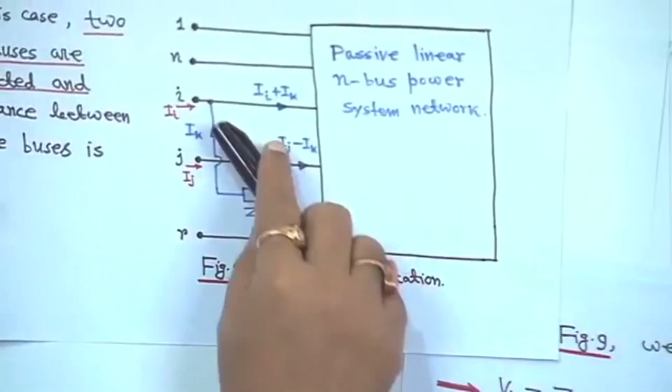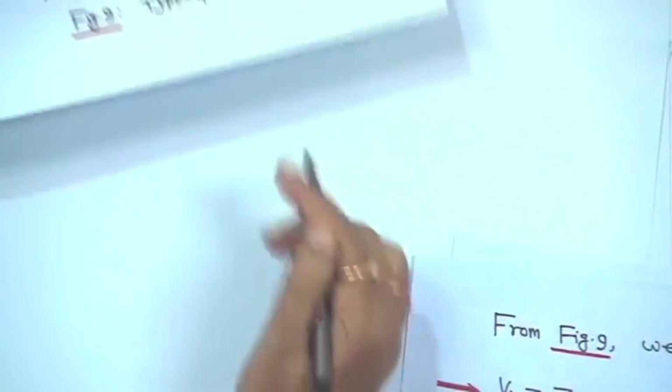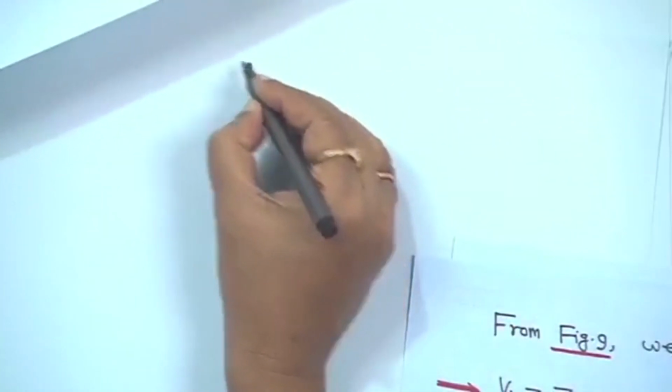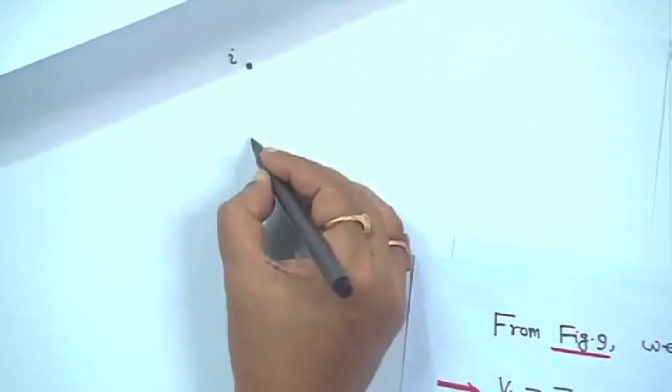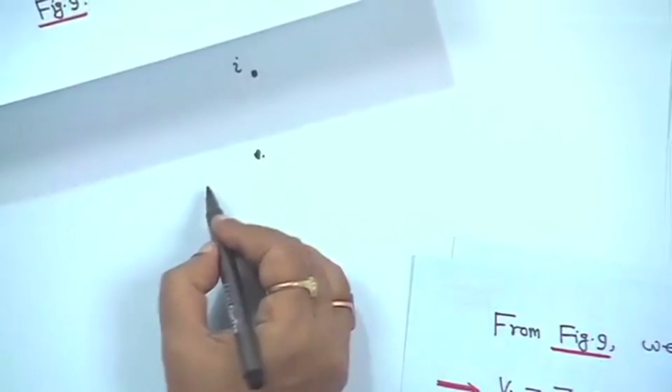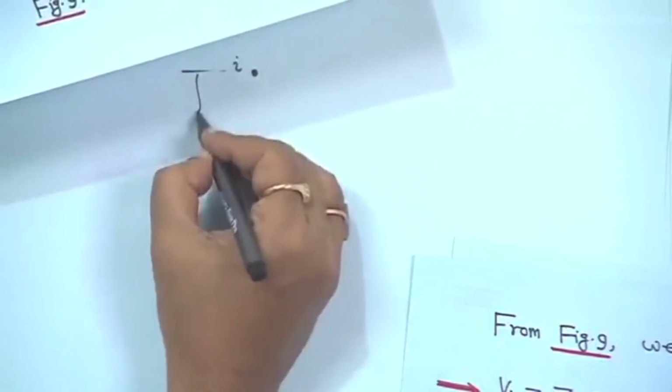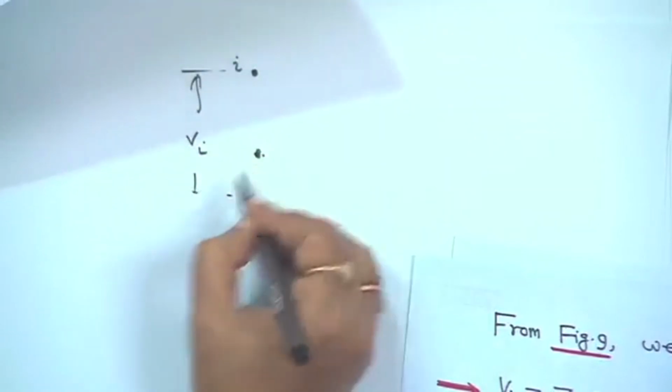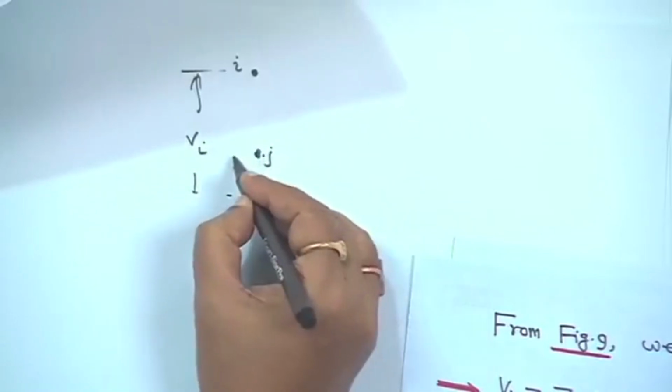This is your Vi, Vj, disconnected. So, this is your bus i and this is your bus j, and this is your reference bus voltage Vi and this is your bus j, this is your reference voltage Vj.